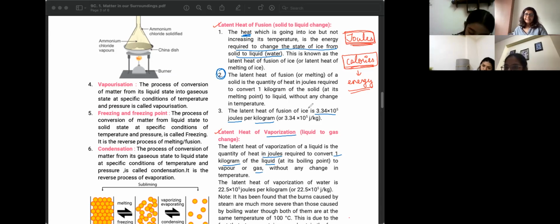So you can see, to melt ice it's 3.34 into 10 power 5. To convert it into steam you need a lot more energy. The latent heat of vaporization of water is 22.5 into 10 power 5 joules per kilogram.